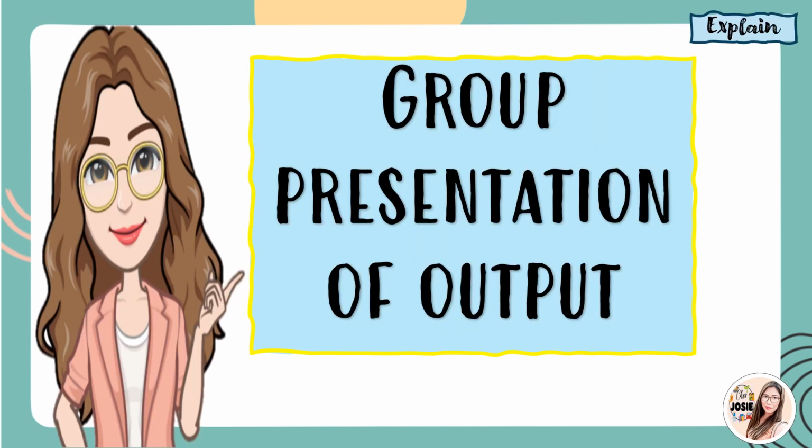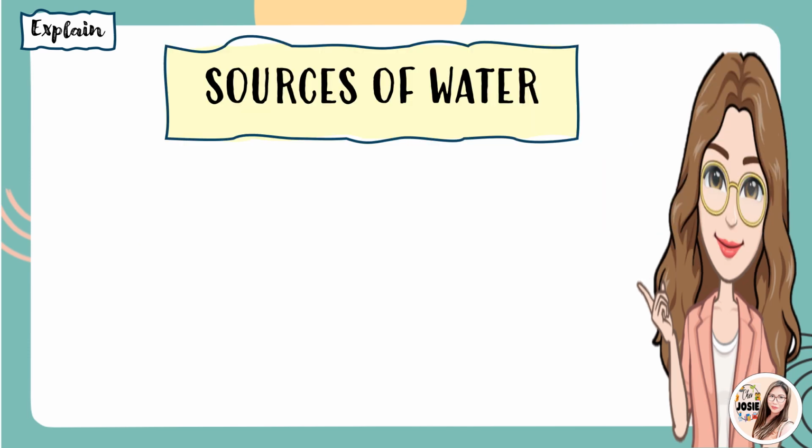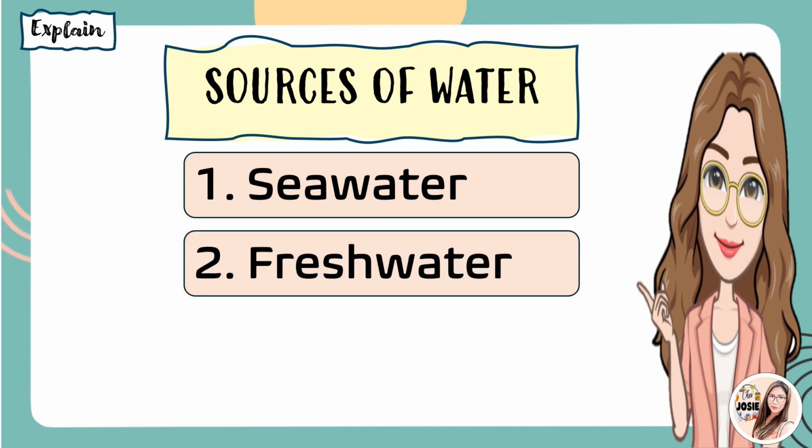And now, let's have your group presentation. Based on our group activity, what are the sources of water? You're right. The sources of water are, first, seawater, second, fresh water, and the third one is groundwater.